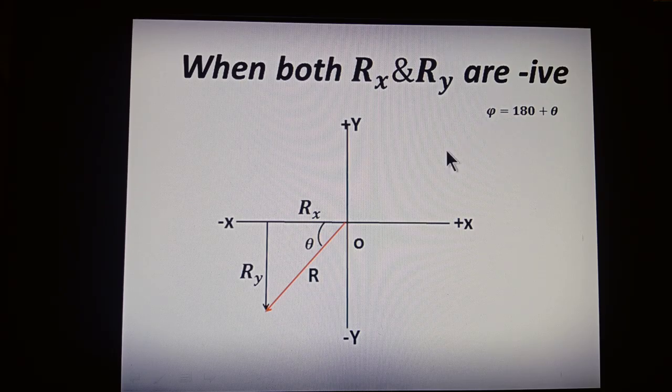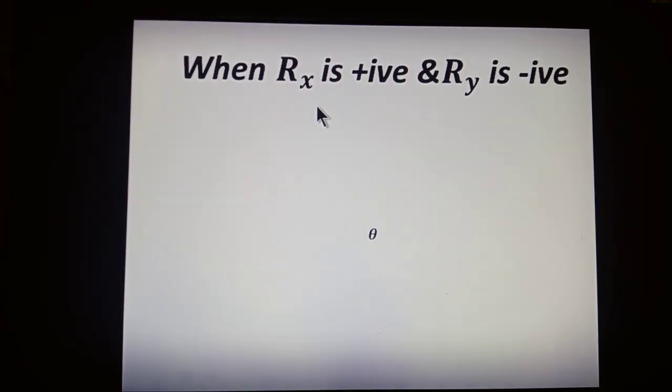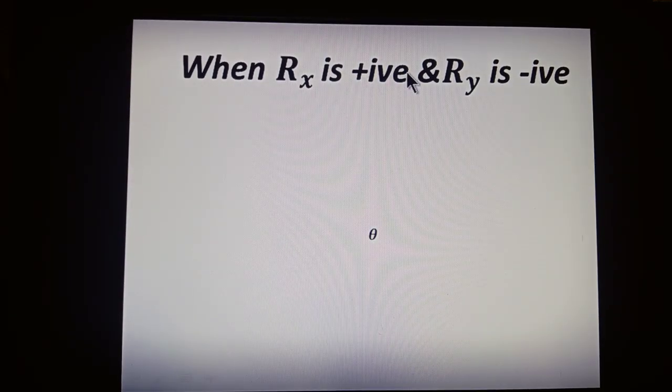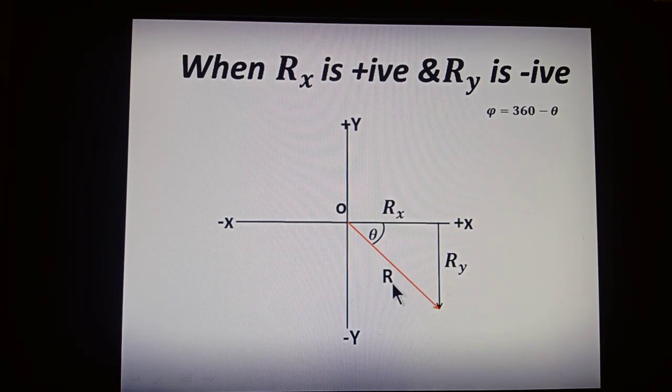And the fourth option can be when Rx is positive and Ry is negative. Then the resultant lies in the fourth quadrant. Rx is positive, Ry is negative, and the phi angle that it makes with the positive x-axis will be 360 total angle minus theta. 360 minus theta.